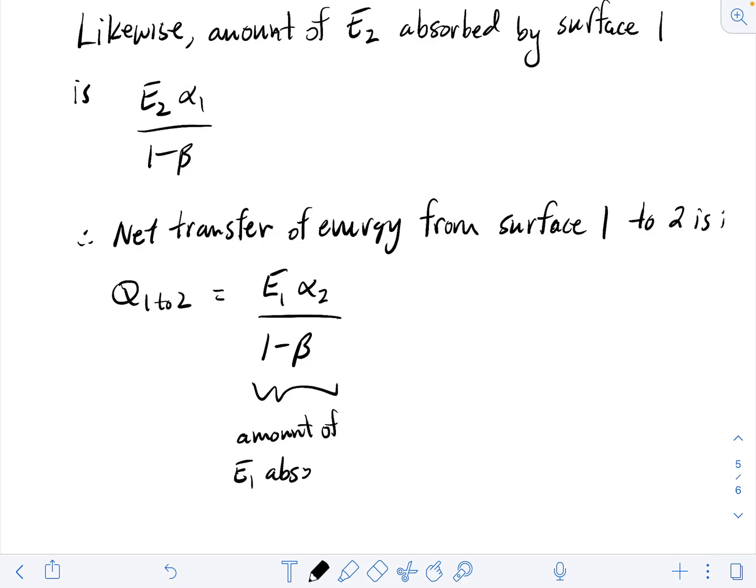So this is the amount of E1 absorbed by 2.